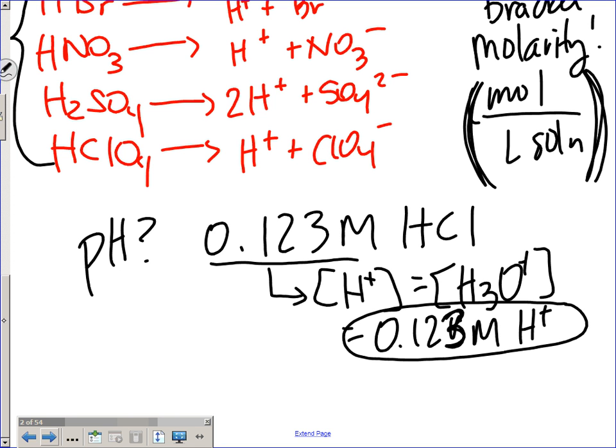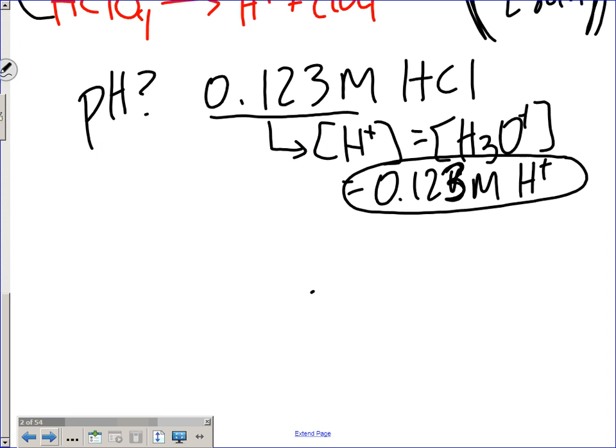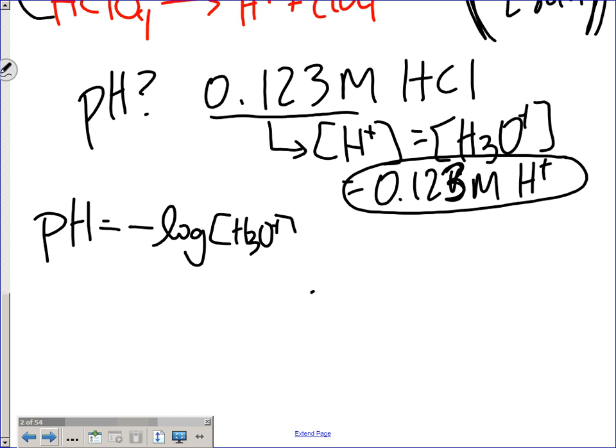So this is the information that I have to plug into my pH formula. What is the one pH formula that has H plus concentration in it and nothing else? Look at you have 6 formulas in front of you on your little booklet. pH equals negative log of bracket H3O plus or H plus, whichever way you want to say it, right?